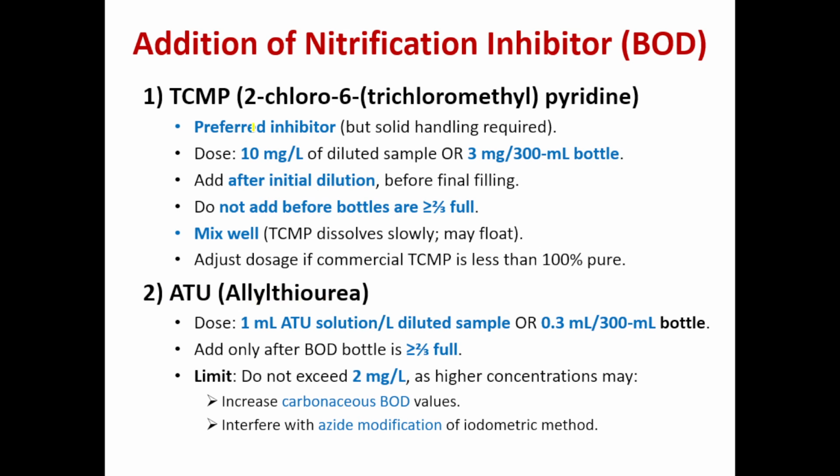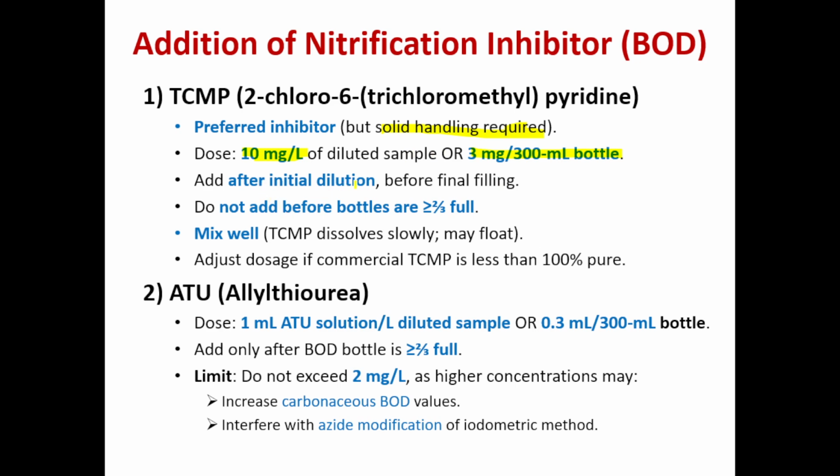TCMP is a preferred inhibitor but solid handling is required. Its dosage is 10 mg per liter of diluted sample or 3 mg per 300 ml bottle.